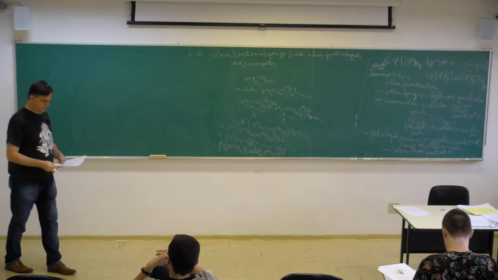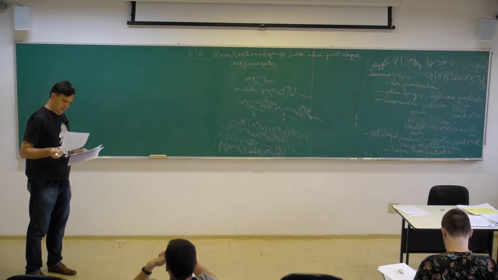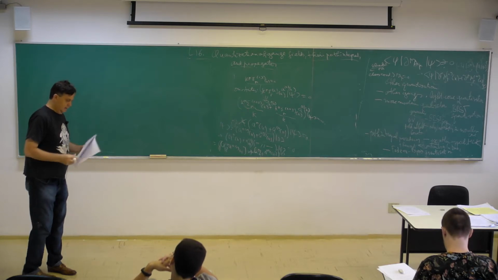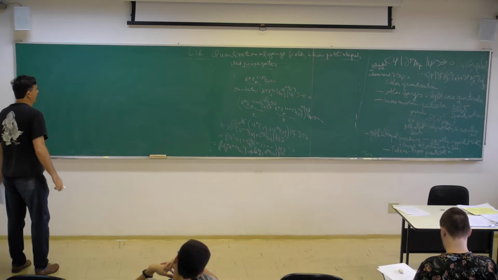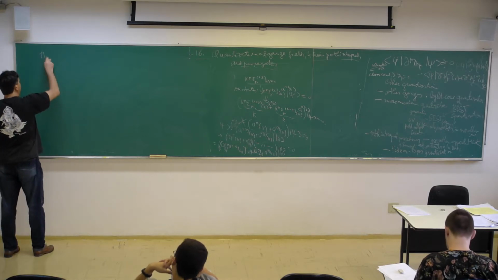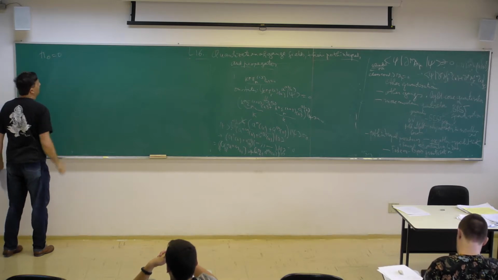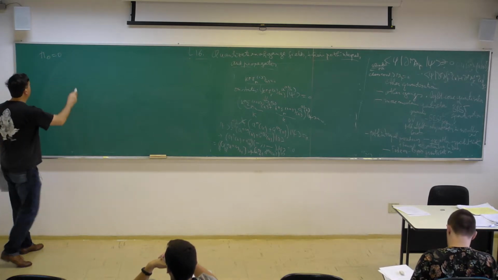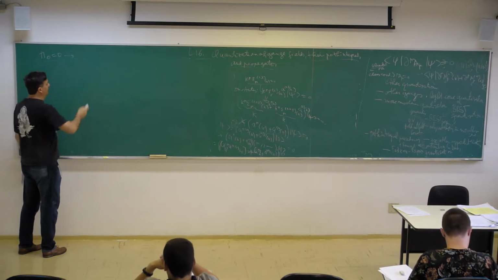All right, so before we deal with the quantization per se, I want to make an observation that we will use. As I said, in this Lorentz covariant way, we need to deal with the fact that pi 0 is equal to 0, apparently.